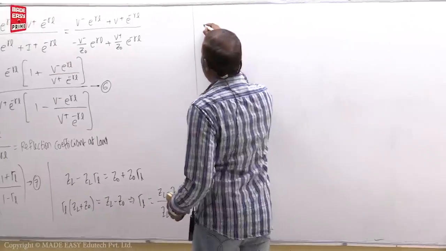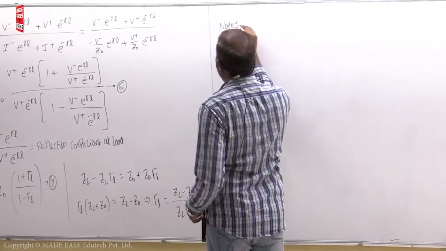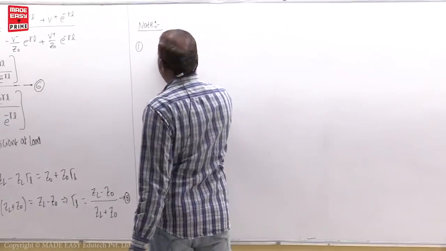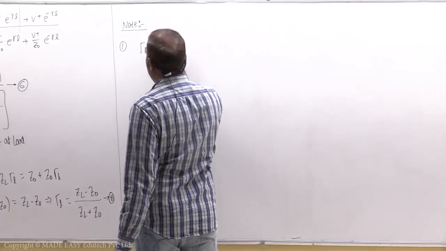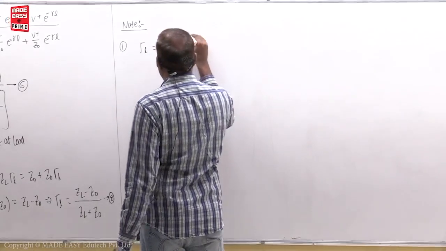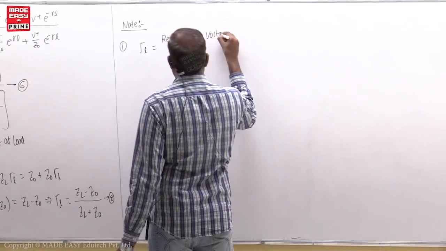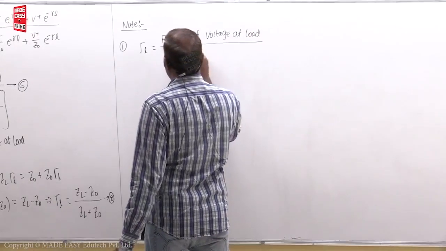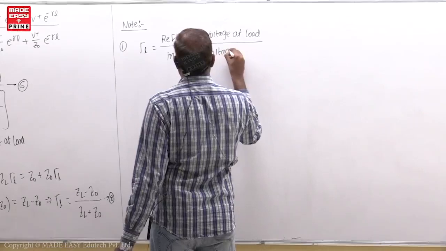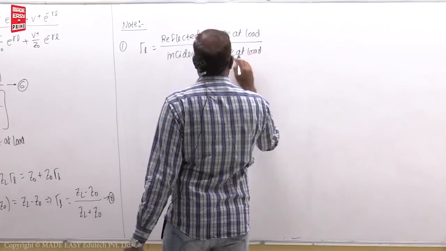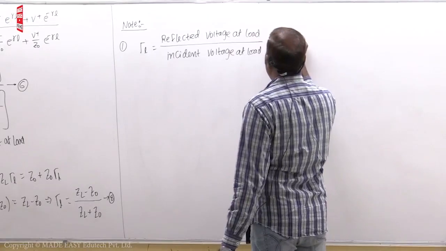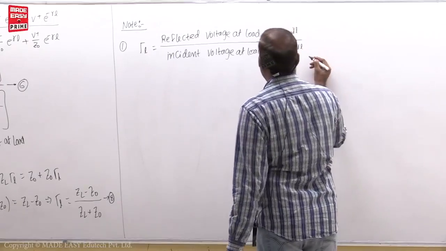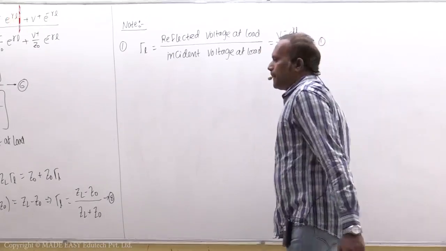See here, note, first one: gamma L is equal to the reflected voltage at load divided by the incident voltage at load, that is equal to V minus e power gamma L over V plus e power minus gamma L. So this is the definition.